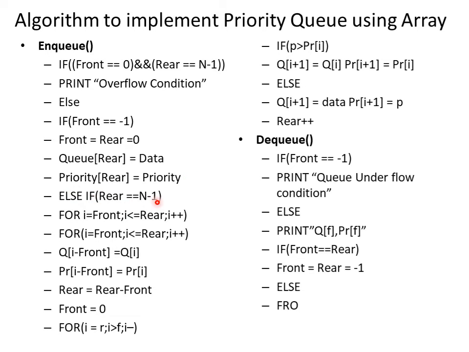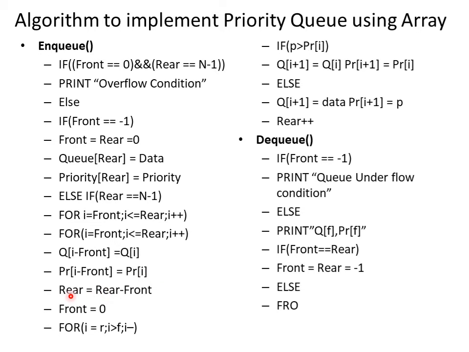Else if rear equals n minus 1, what happens? I am initializing i equals front, i is less than or equal to rear, and i plus plus. Here you can see q of i minus front equals q of i. Then for priority, I am taking priority of i minus front equals priority of i.